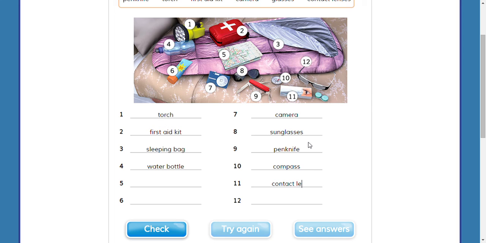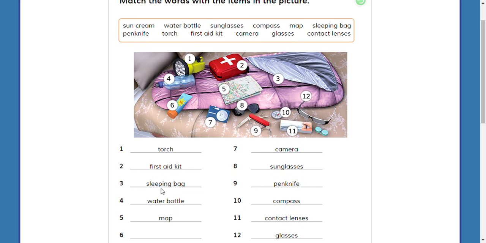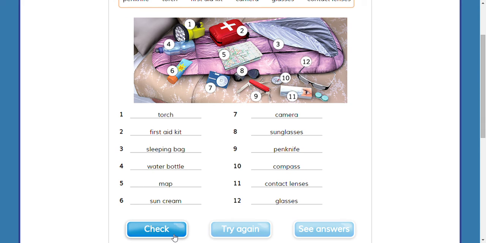And number 12, glasses. Oh, number 5. What happened with number 5 here? Number 5, map. And number 6, sun cream. Okay, now it's okay.